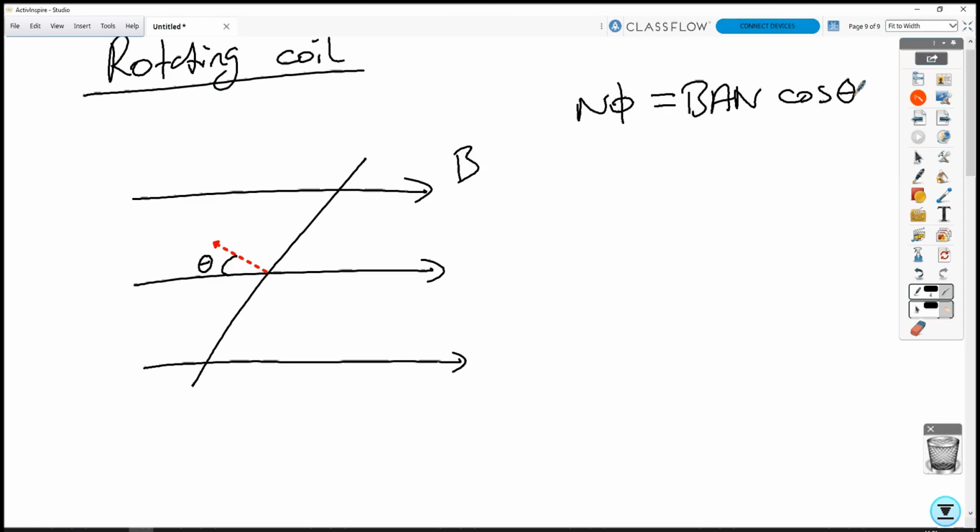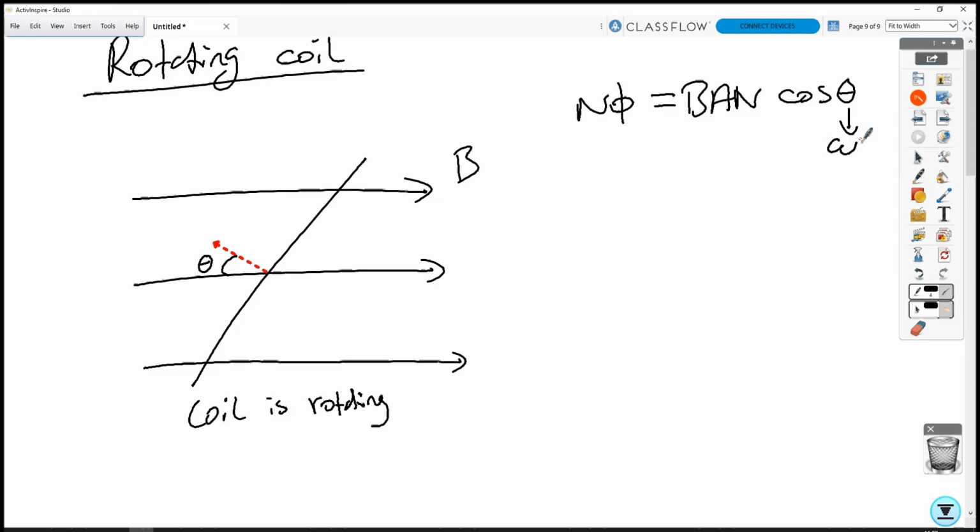But if our coil is rotating, then our angle is not constant. The angle changes. So we recall from circular motion that theta equals omega t.